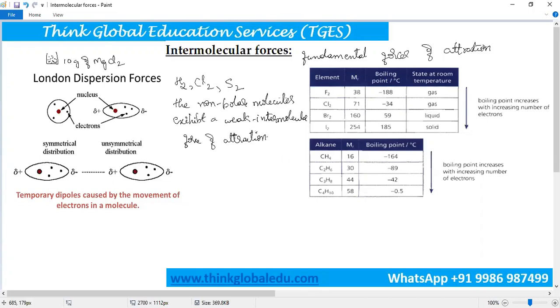This arises when the electrons around the nucleus of an atom occupy a position in such a way that makes the atom form temporary dipoles, or instantaneous dipoles, in a molecule.